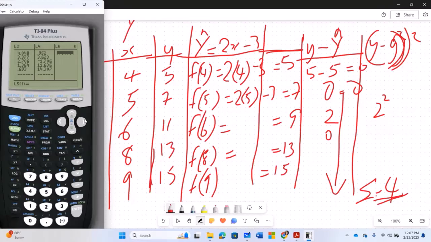So we're going to square them. So this answer is going to be L4 squared, stored in L5. Then we're going to find the sum on the main screen.